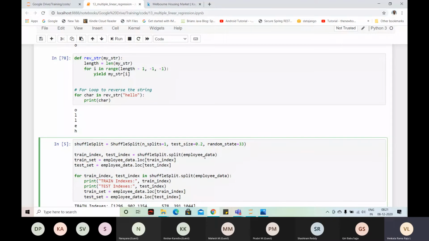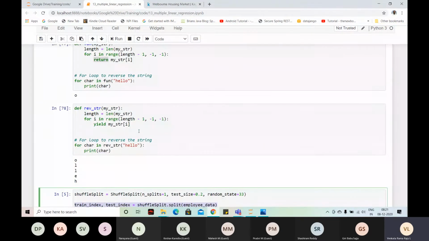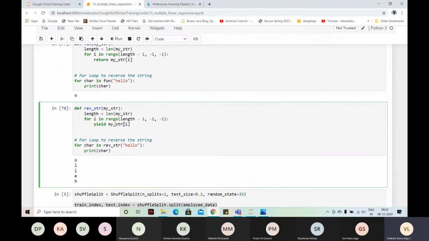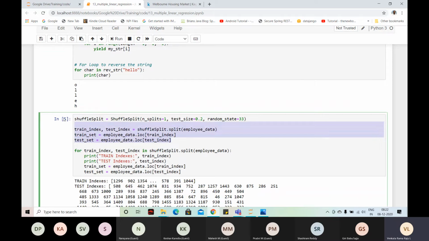To avoid that problem, there is a facility called a generator in Python. What a generator does is, in a loop, it sends back one value at a time. In a function, everything gets processed and then sent back. In a generator, every iteration will process and send you back one value at a time.